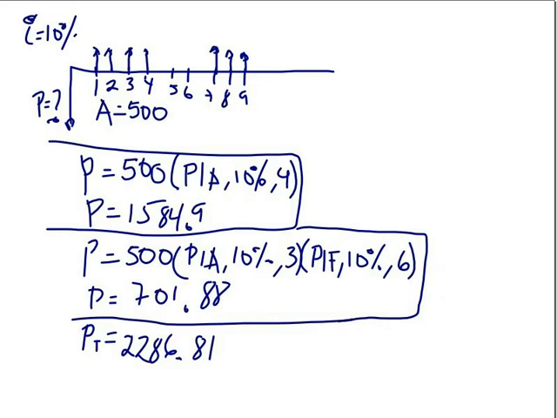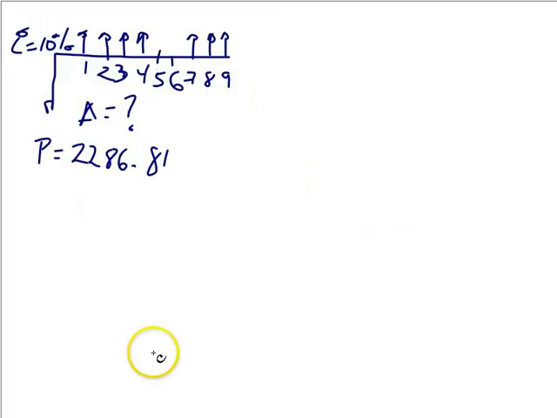Let's try to solve that problem. So now that we have the same problem, now we're asking what the annuity should be. Well, we already know the answer because we solved the previous problem. The answer should be 500. How do we come up with this answer? Well, the easiest way for us to understand it would be just to write the same equation that we had before.